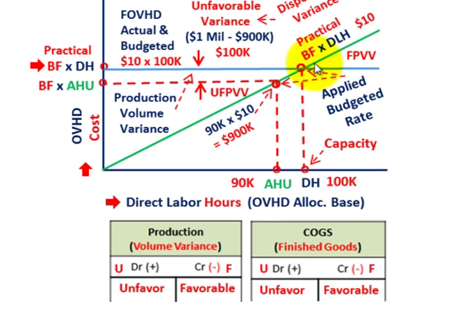You can see why, because our production volume would be greater here. At that point we'd have produced more than we had budgeted for the period, and on this side of the line we would have produced less than the budgeted quantities. Our budgeted quantity was based on 100,000 direct labor hours, again times that $10, versus what we applied.